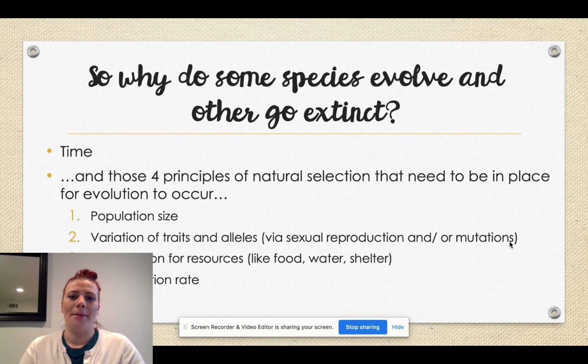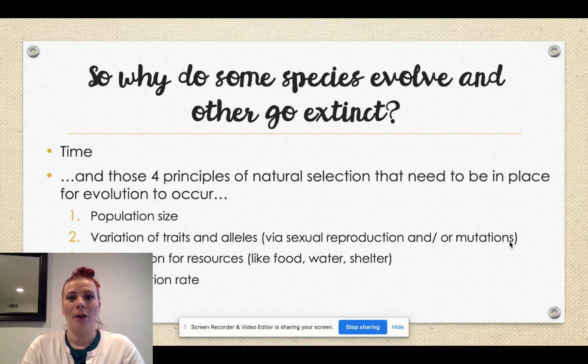The other thing you have to consider is those 4 principles of natural selection that have to be in place for evolution to occur. We have to have a large population size of those organisms, right? Because we need a bunch of different organisms that can reproduce together. And we also need them to have a bunch of different types of DNA and genetic material to mix and give us new combinations, right?